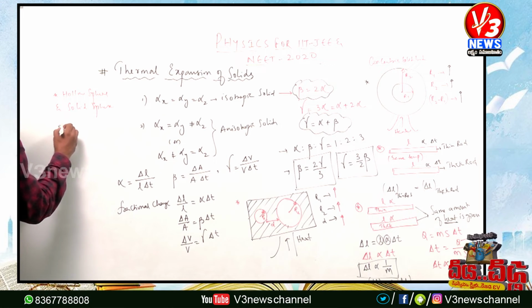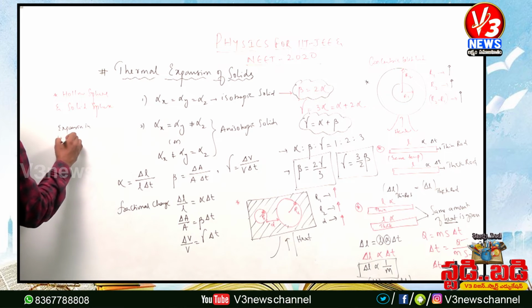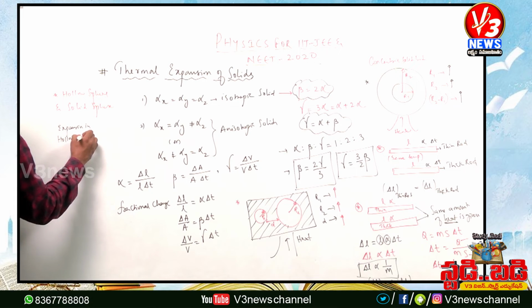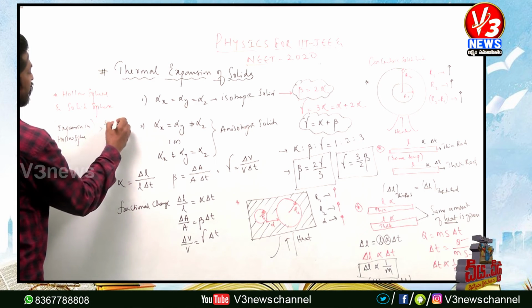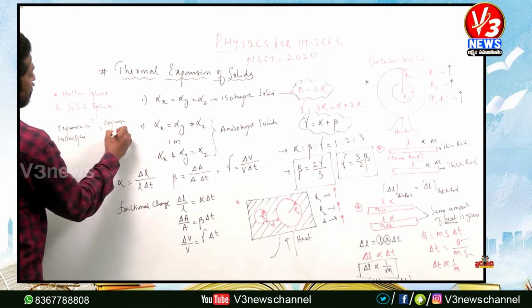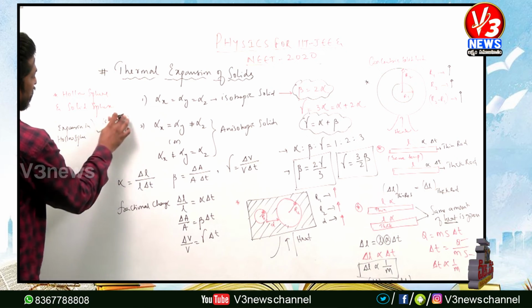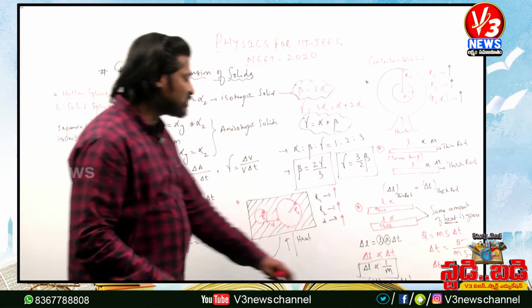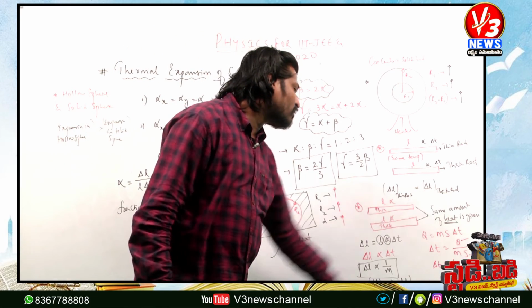So can I say that expansion in the hollow sphere is greater than expansion in the solid sphere. I hope you are clear. We are writing that from this relation: expansion is inversely proportional to the mass when you are giving the same amount of heat.